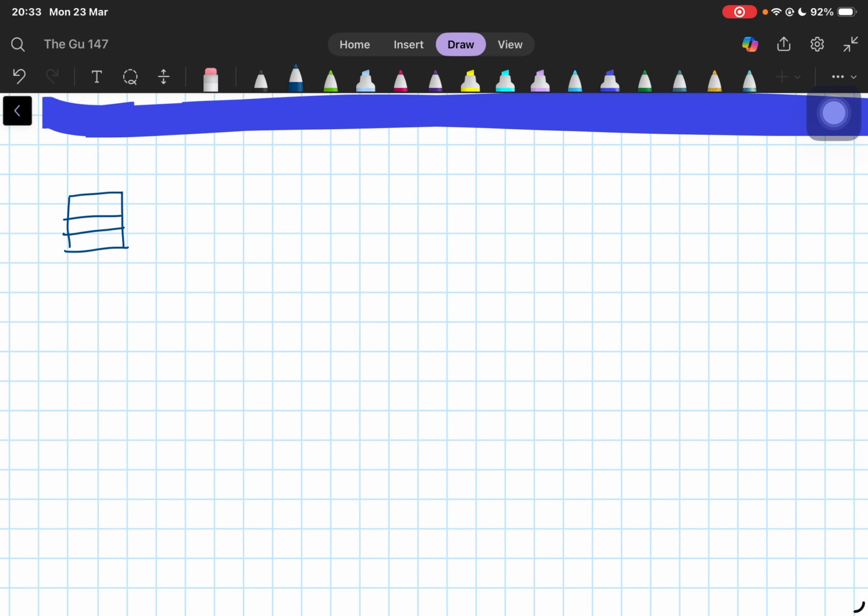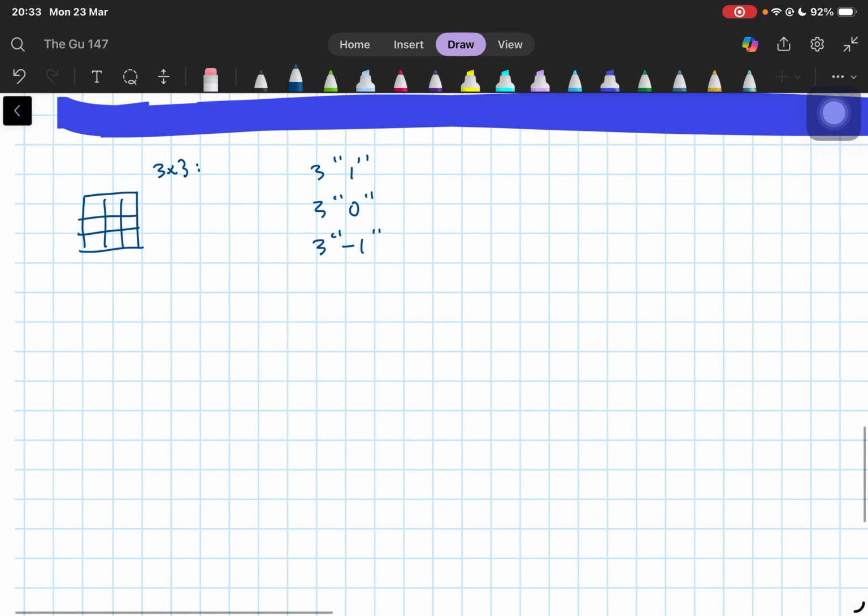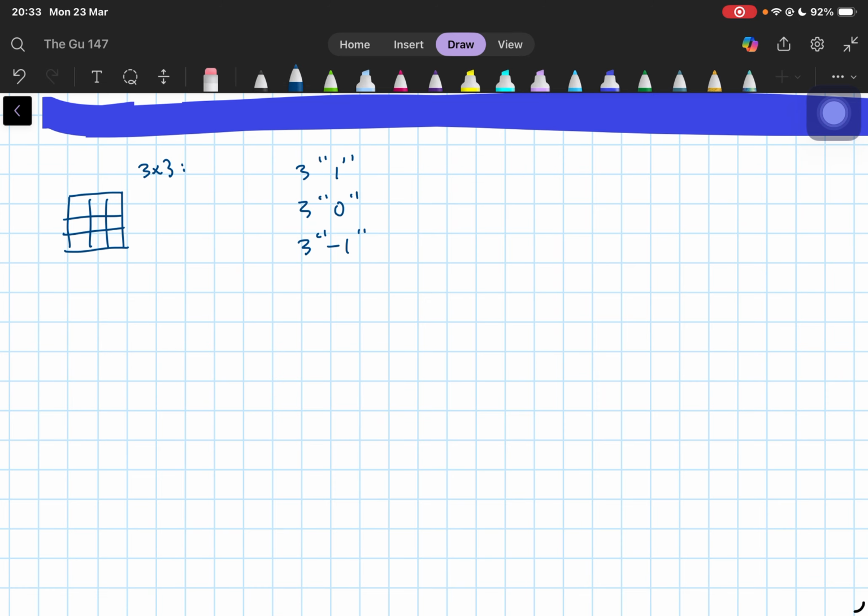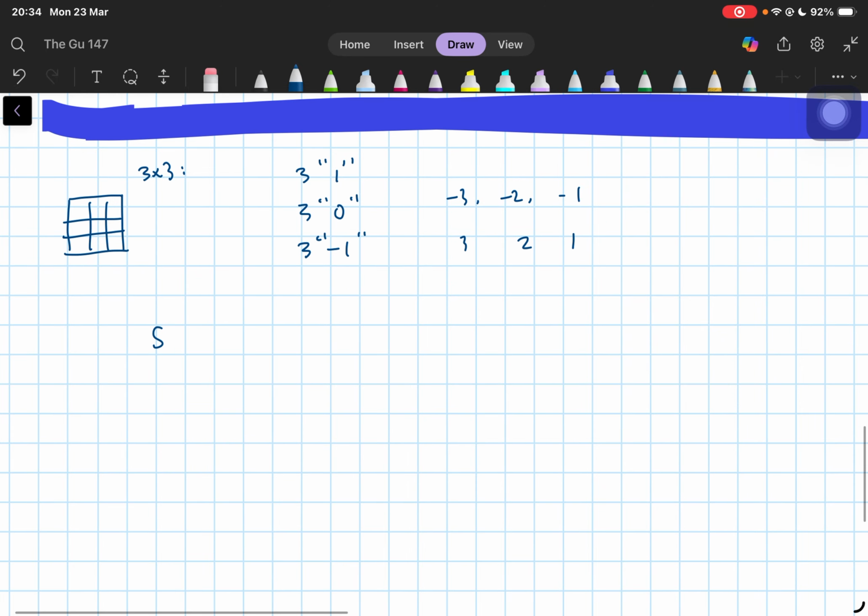Let's do a 3 times 3 grid. Well, we can actually use the same trick. Here the corresponding entries will be 3 1s, 3 0s, and 3 minus 1s. And we could get -3, -2, -1, and then 3, 2, 1. So the corresponding S for the 3 by 3 would be 6 times 2, which is 12.